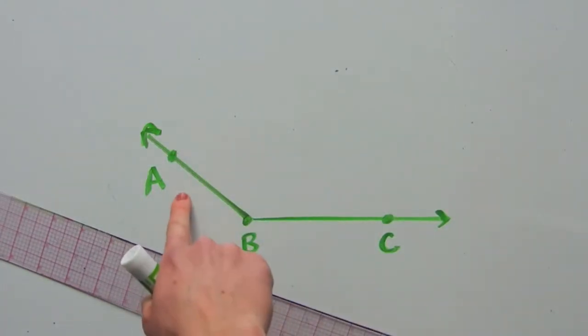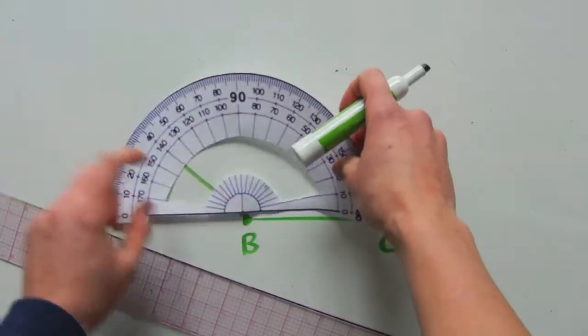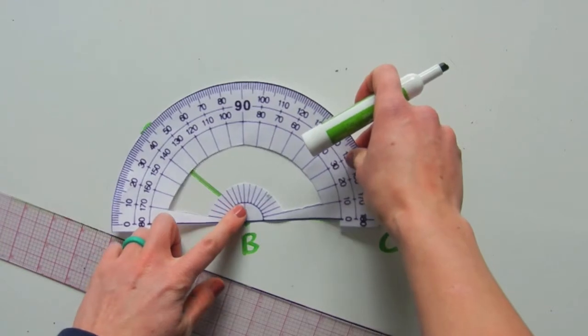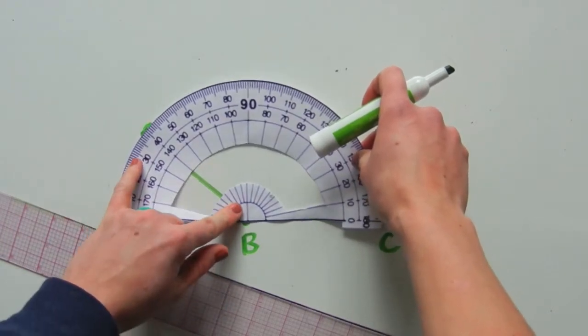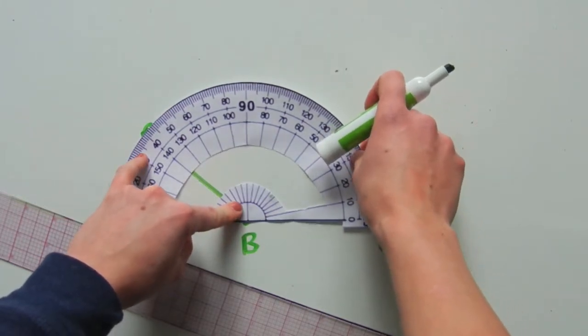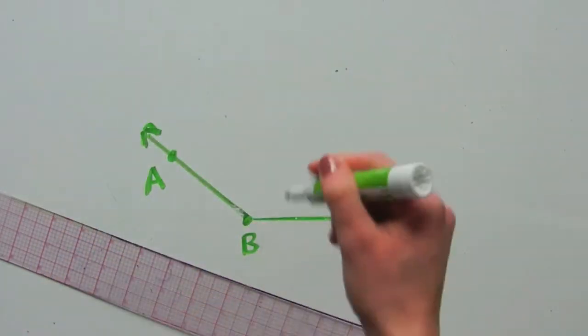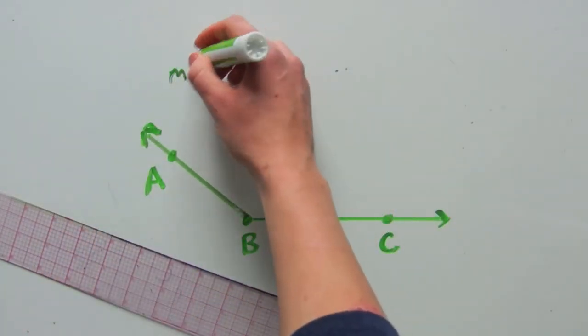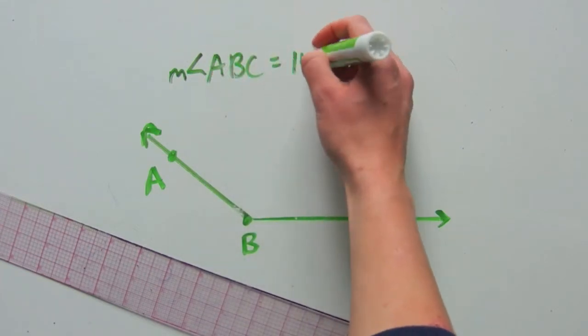So here we can see that the measure of angle ABC is 140 degrees.